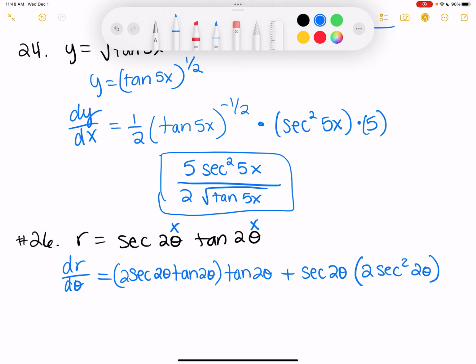So the 2 is from the inner part of the chain rule. The outer part gives you the secant squared of 2 theta, and then just write the 2 in front to kind of save a step, I guess. And we don't multiply it by 2 at the end. What do you mean? Because it's like the tan 2 theta. It's not like... Technically, this is getting multiplied to this, and this is getting multiplied to this.